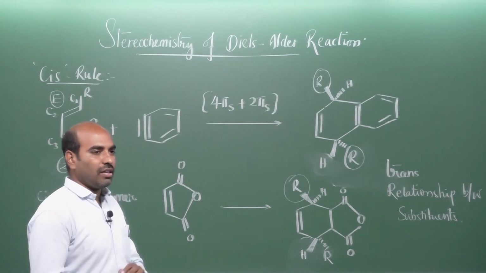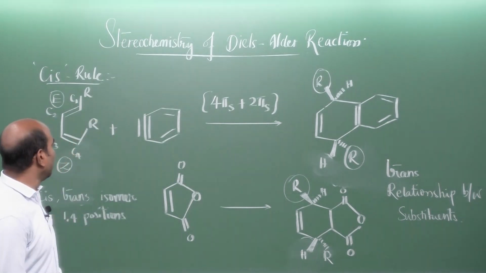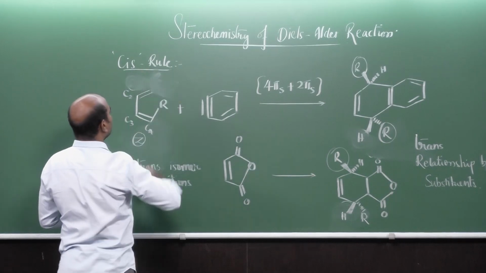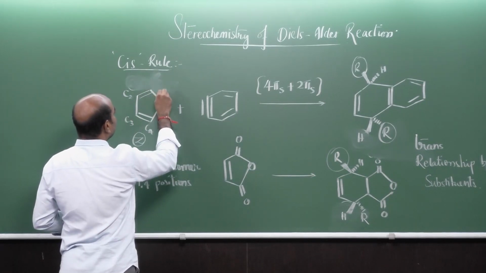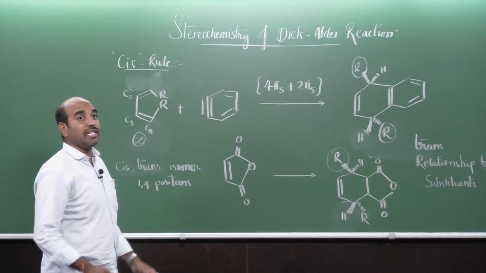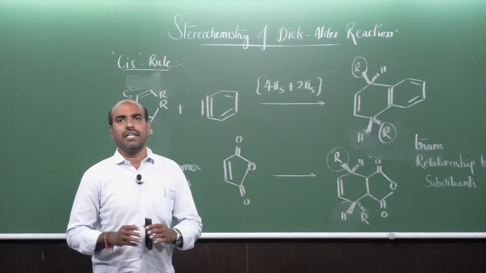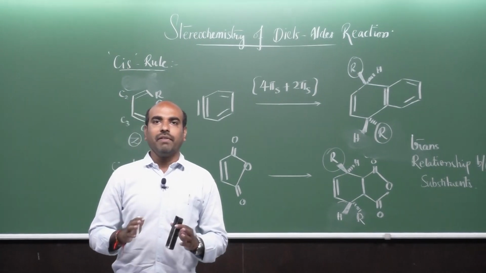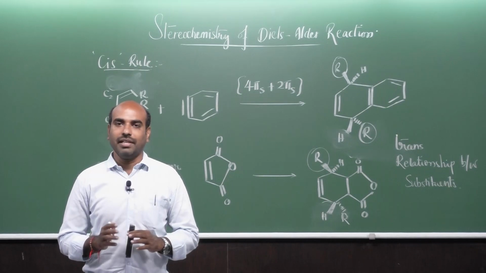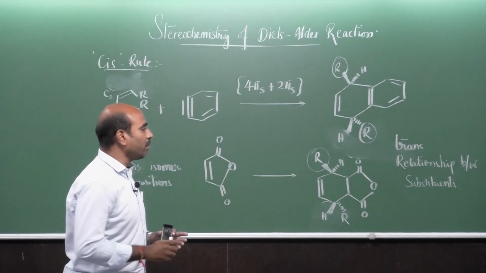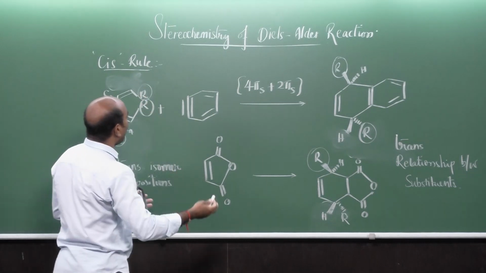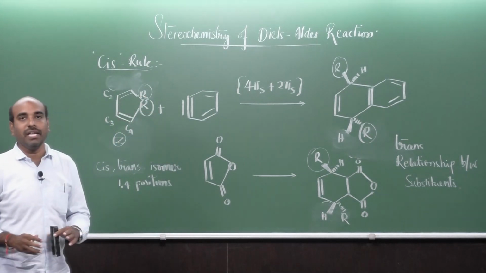So, if someone asks you, right, what if both are cis to each other, both the groups are oriented cis to each other. So, this is cis diene. Cis dienes generally will not be available that easily for the cycloaddition reactions, that is the Diels-Alder reaction. Based on the bulkiness of these groups, the reaction may not be happening.